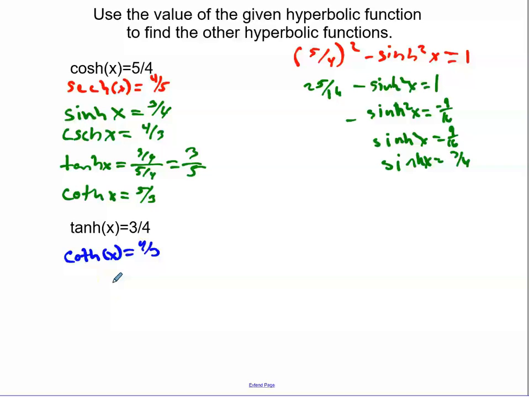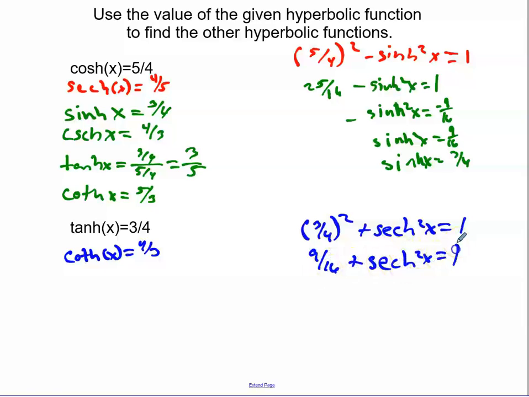And so I'll go ahead and look at that first one, which says that hyperbolic tangent squared plus hyperbolic secant squared is supposed to equal 1. So that's 9/16 plus hyperbolic secant squared. Subtract 9/16 from 1.